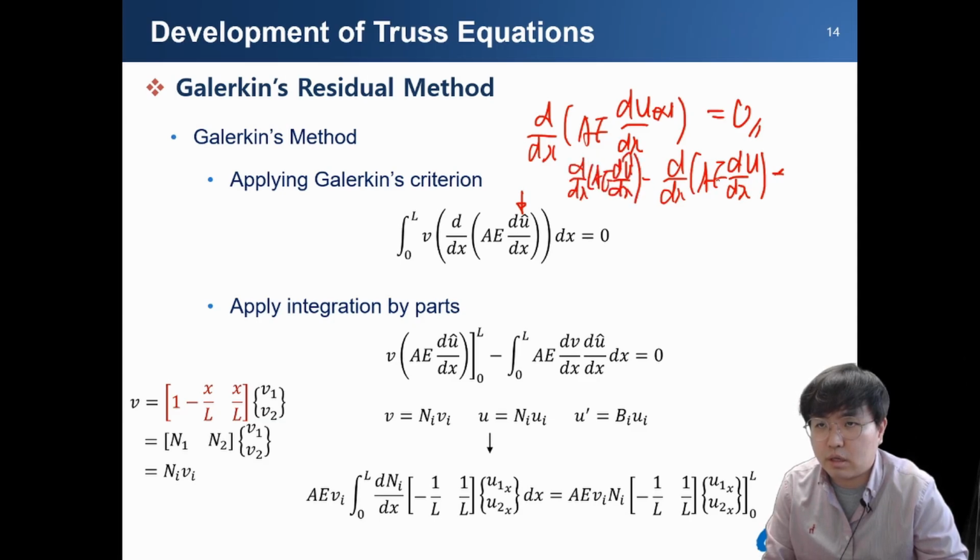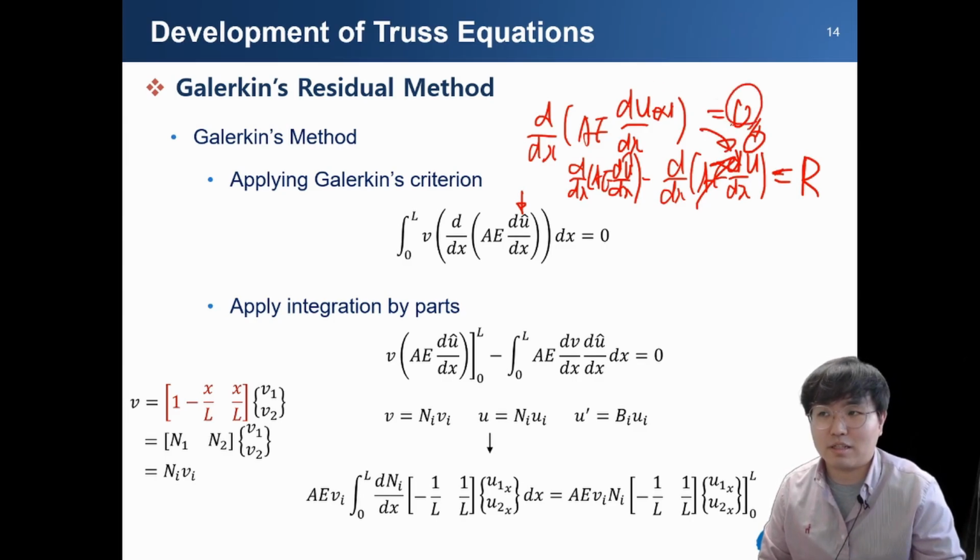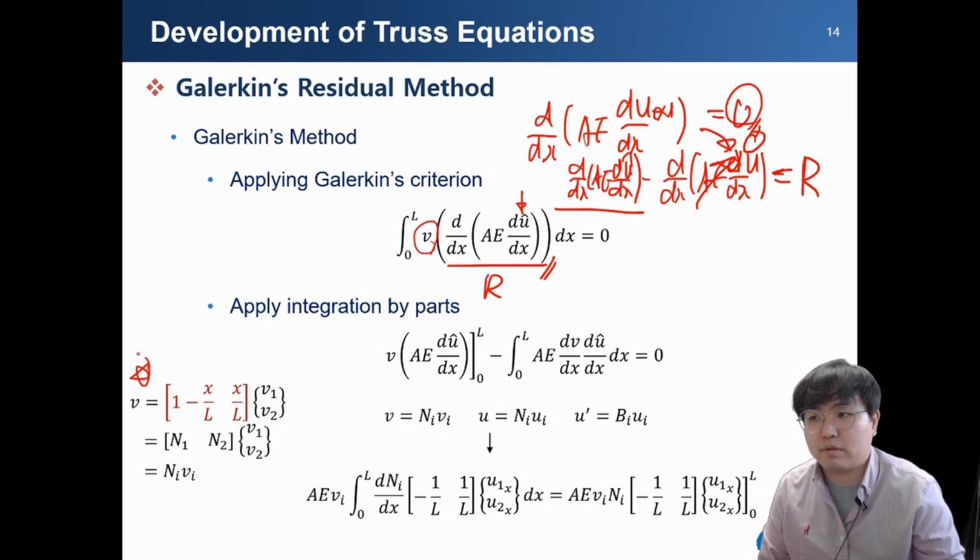This is a residual error, so this part always equals 0, because the exact part always equals 0. We use those equations so that the residual is only, this is a residual only, and this is arbitrary, but we are using some arbitrary variable.